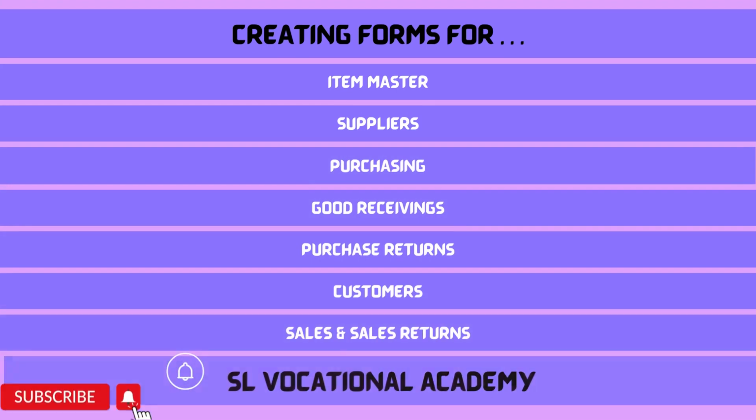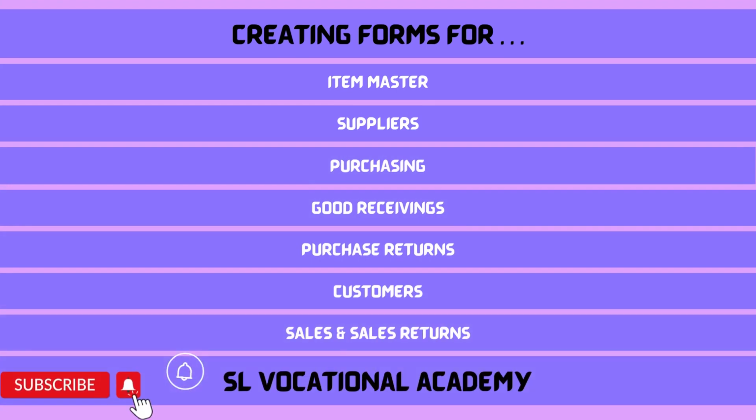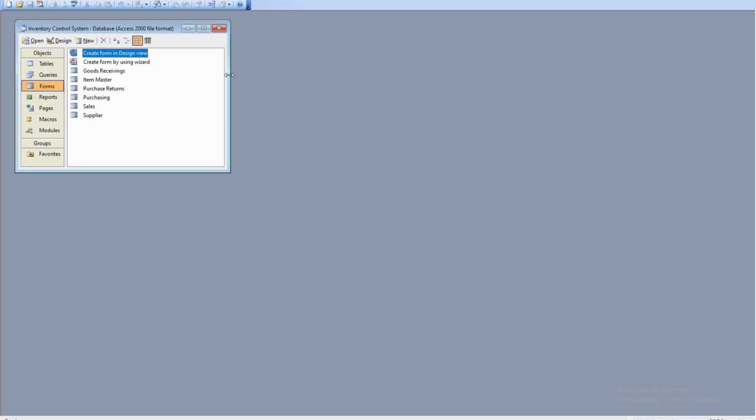In my next slides I will show you how to create forms for Item Master, Suppliers, Purchasing, Goods Receiving, Purchase Returns, Customers, Sales and Sales Returns, required to maintain the inventory.